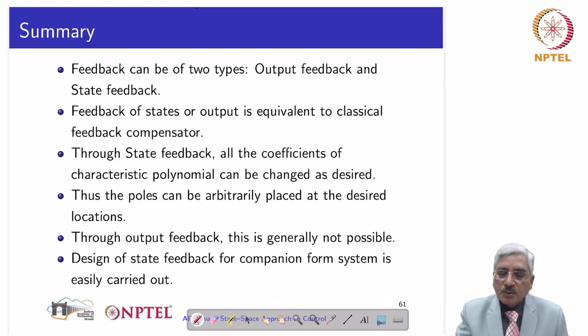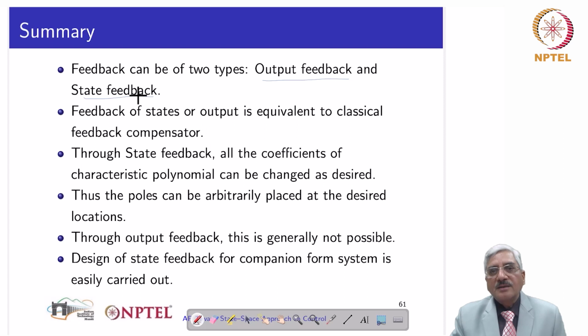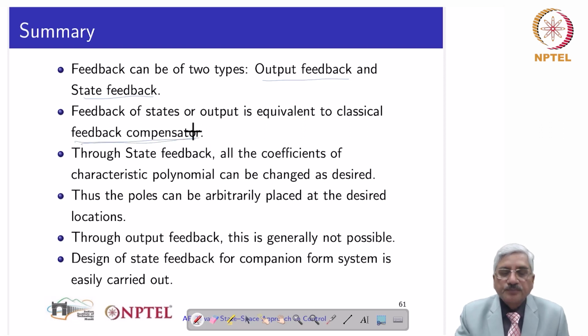So we summarize with that. As we saw, there are two types of feedbacks, the output feedback and the state feedback. Even though states were tapped by block diagram manipulations, through those gains, the state feedbacks, we get a block diagram in which the feedback leads to a kind of feedback compensator. In the conventional control, we got a cascade compensator.